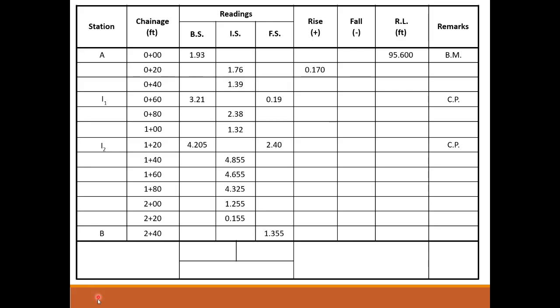So how we did that in the last lecture, just reminding you, we take the difference between these two readings, 1.93 minus 1.76. The answer will be plus 0.170. Due to its plus sign, we entered it in the rise column.